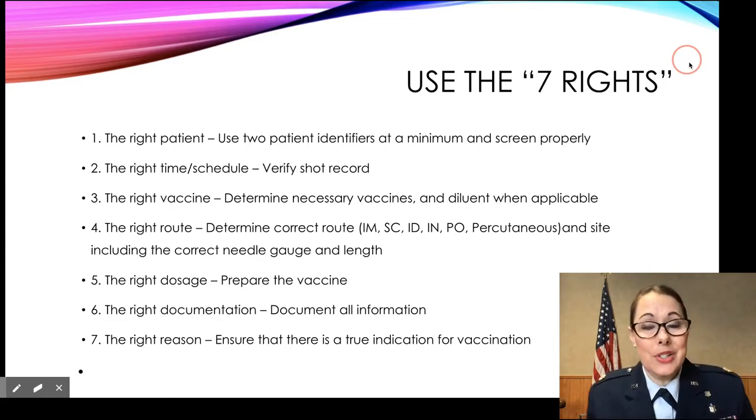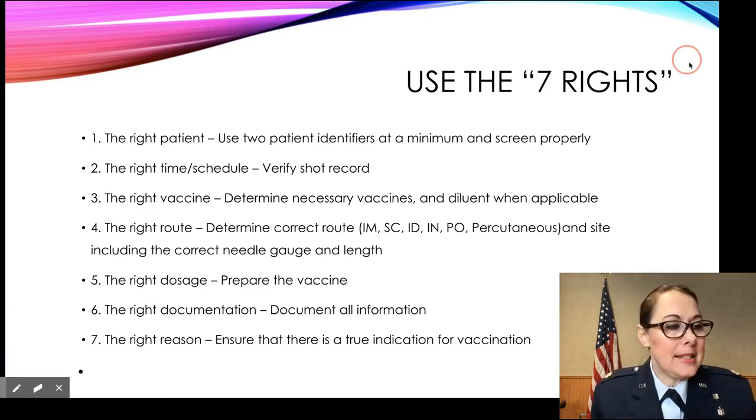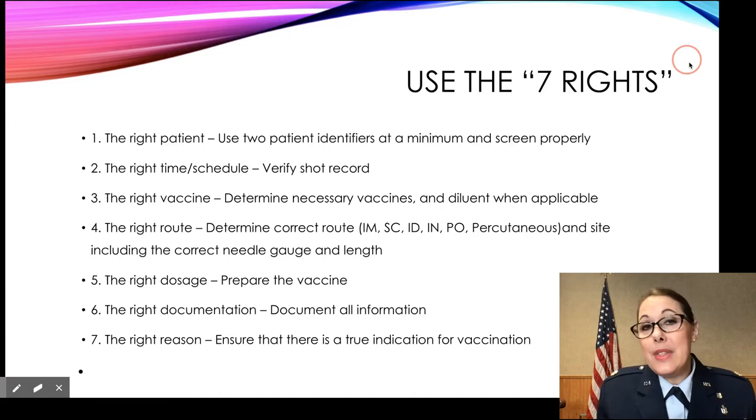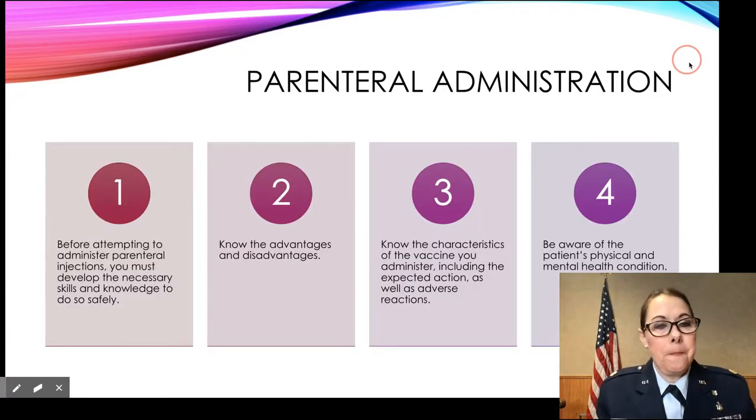Expired, did you use an expired diluent in a non-expired vaccine? And did you make sure that you talked to the patient first and screened them so that they didn't have any allergies or any adverse effects? So you want to make sure you use all of your normal 7 rights of medication management. We don't want to deviate from that.